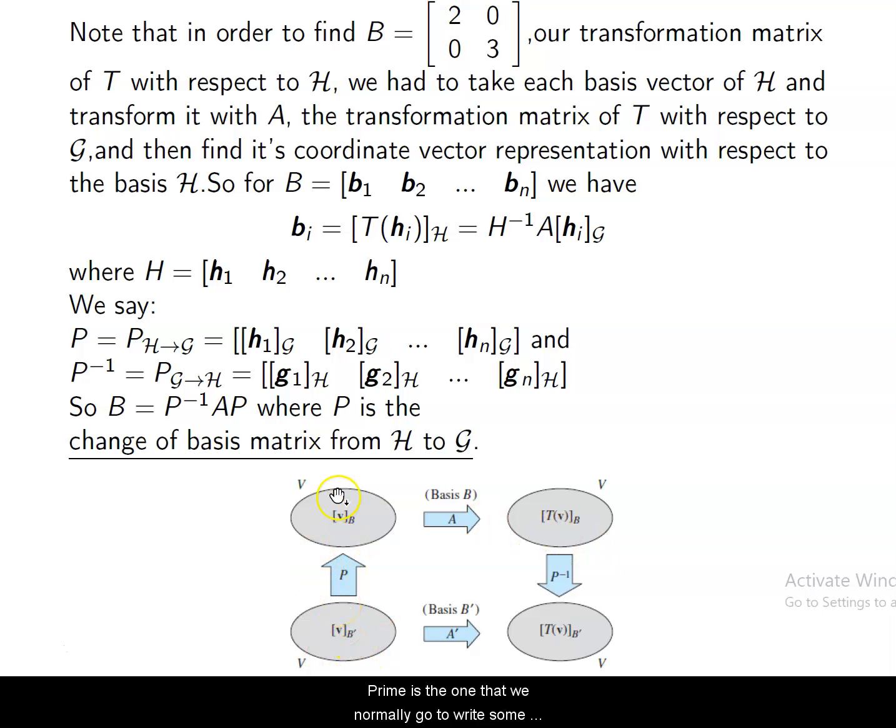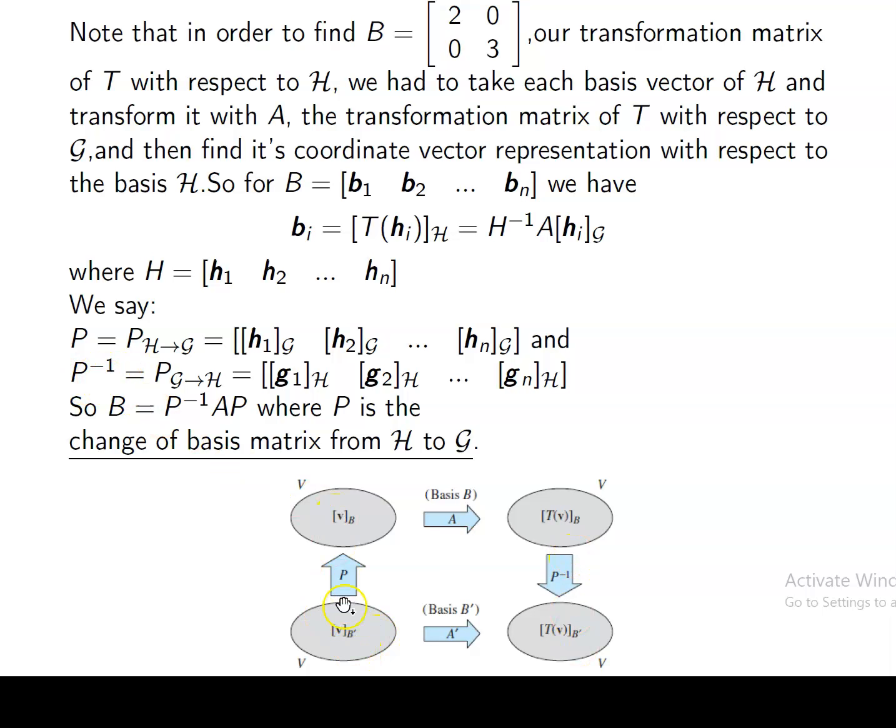Right, so most textbooks use the B and B prime. We're using H and G. So if B prime is H, G is the B. P transforms us from H to G. We use that transformation matrix A that we're given, that's already in terms of G. And then once we get our result, we transform it back into H by the inverse matrix, right?